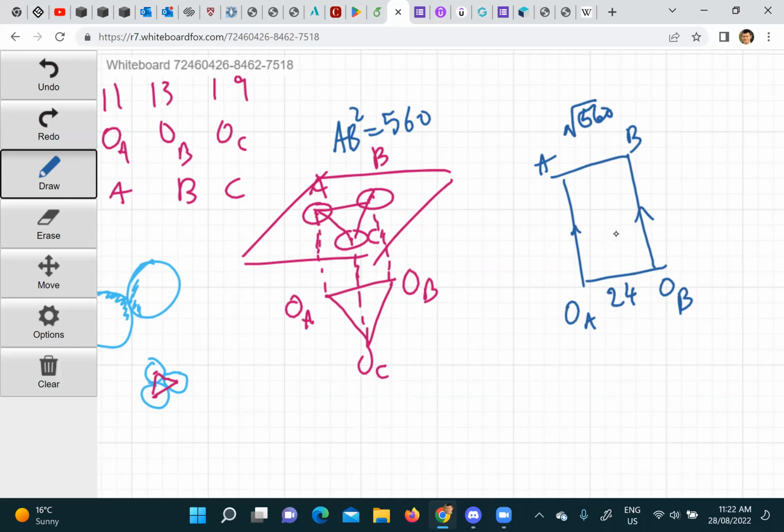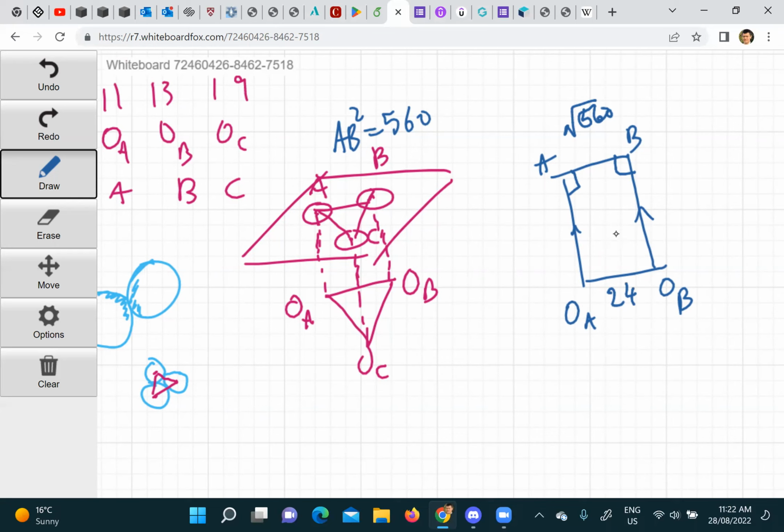We want to figure out, firstly, which way is AB tilted? Because you have 560, you can work out the angle. It should be tilted the A way, because we want the circle radii to be the same.